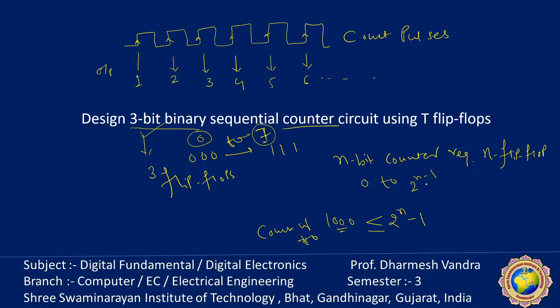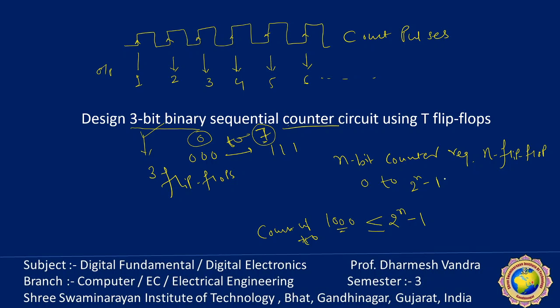Remember that thing. 2 raised to n minus 1: 2 raised to 2 is 4, then 8, 16, 32, 64, 128, 256, 512 and 1024.